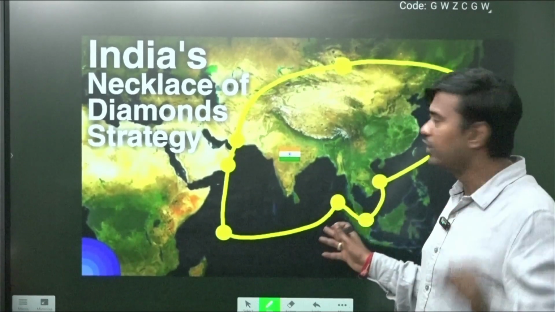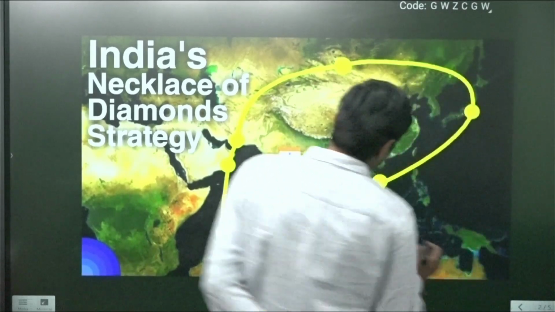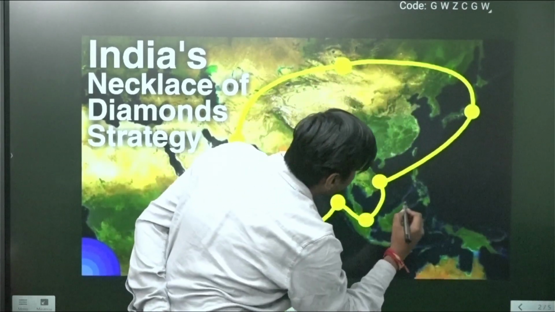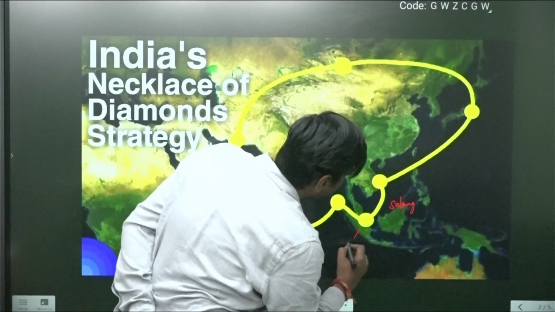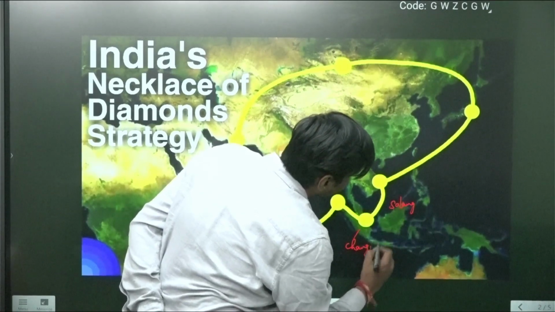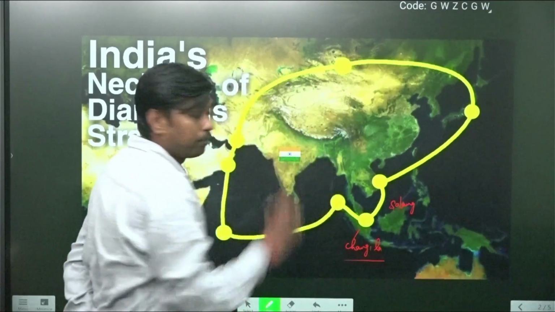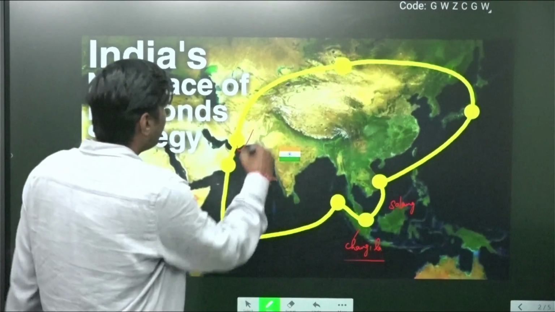As I have discussed already, with respect to Indonesia, we have developed the Sabang port, with respect to Singapore, we have developed Changi, then Sittwe port in Myanmar, and coming to Iran, we have the Chabahar port.